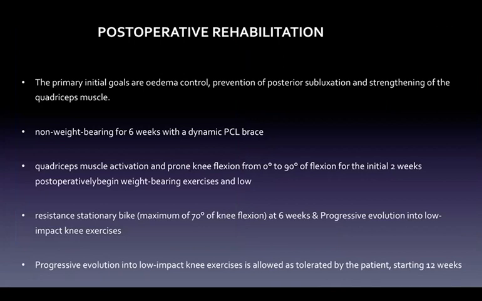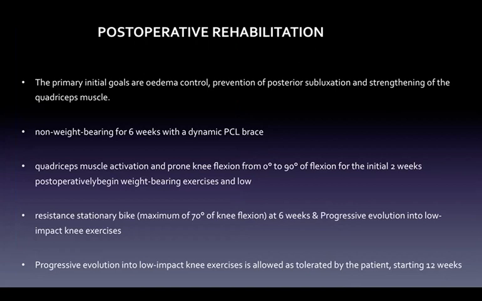So here again, post-operative rehabilitation is very important. We have to protect the patient in a long knee brace for the initial 4 to 6 weeks, with isometric strengthening exercises, non-weight bearing for 6 weeks. You can use a PCL dynamic brace.